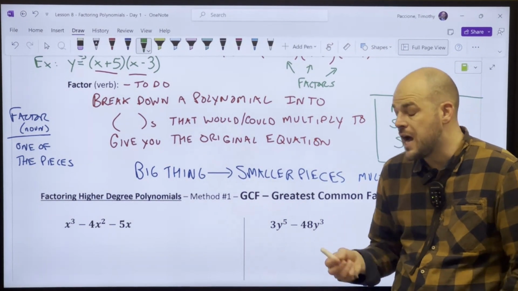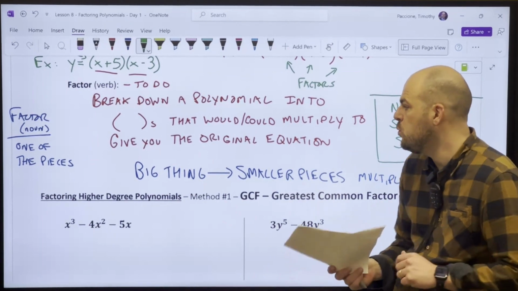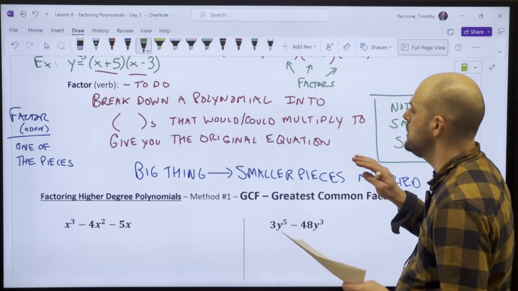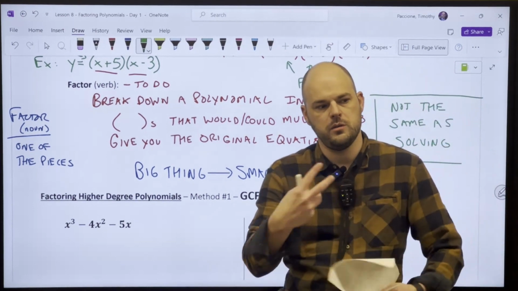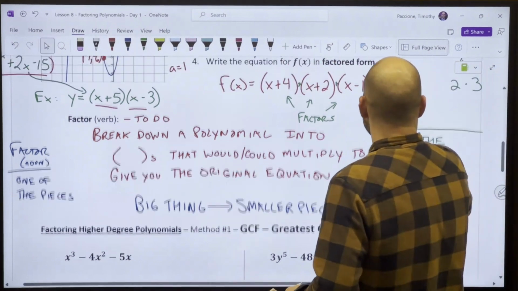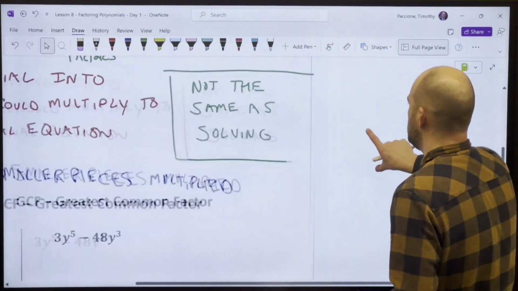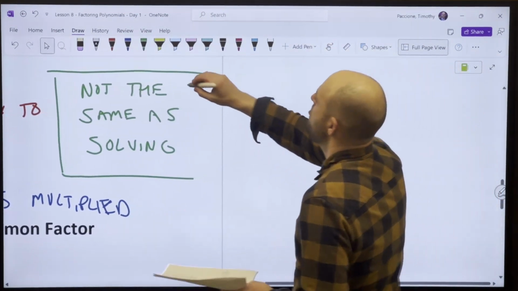Now, there's a couple ways to factor that we have exposure with, but we're going to use them now for polynomials, for things that are bigger than quadratics. So if you have any room over to the side, I think that showing you an old example will help.